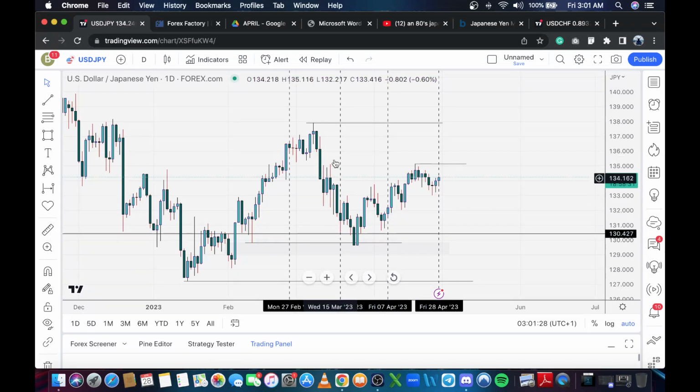Once I've identified quarterly shifts and where draws on liquidity are, I start my cast back from current market price action, and I work my way back, looking back 20 days, 40 days, 60 days, and I look for salient PD arrays that should be draws on liquidity, and that becomes my bias.